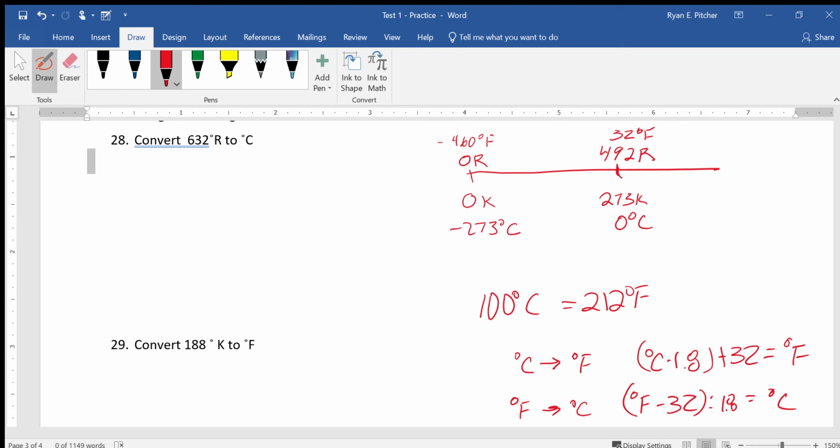So the first question here is 632 Rankine. I'm going to get to a Fahrenheit unit. The way I get to a Fahrenheit unit is 632 minus 460. Now remember, these are approximations. This isn't exact. It's 459 point something, but for this class we round.